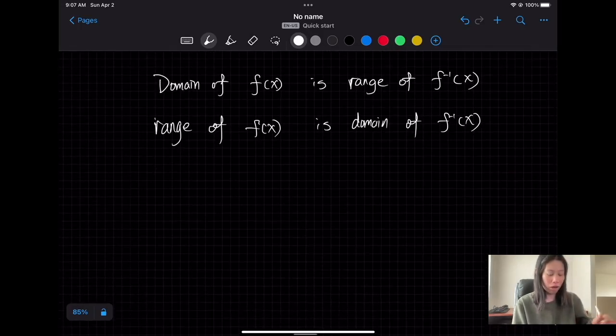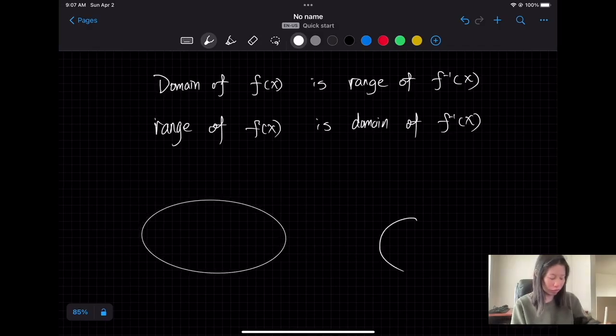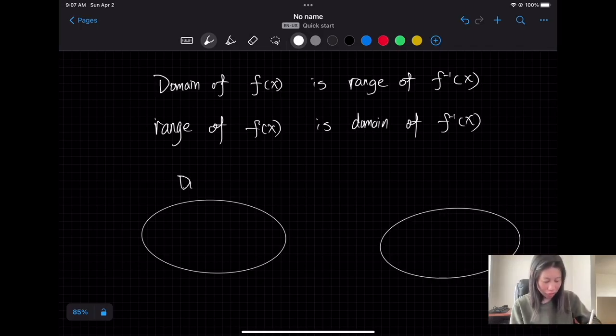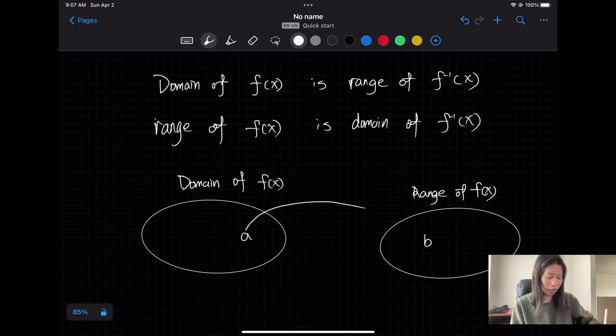On the mapping graph, it should look something like this. If that's the domain of the original function, and here's the range of the original function, then for the original function, you put in a and you will get b.